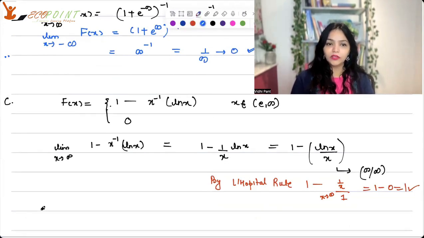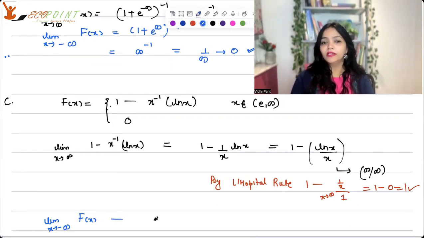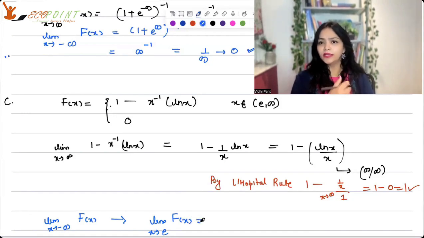Now you have to check what happens when limit x tends to minus infinity. Well, this time my x is starting from e. So minus infinity में थोड़ी ना मैं interested होंगी. मैं interested होंगी कि what is the limit as x tends to the beginning. Beginning is e. F(x), so cumulative, of course, at the beginning the area should be 0.